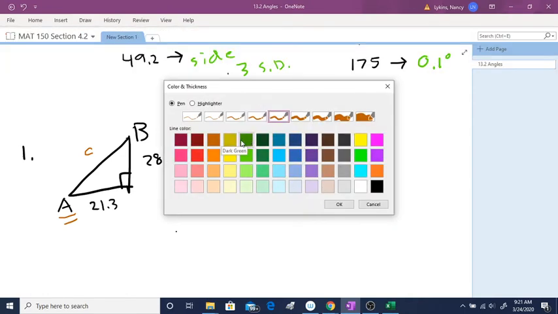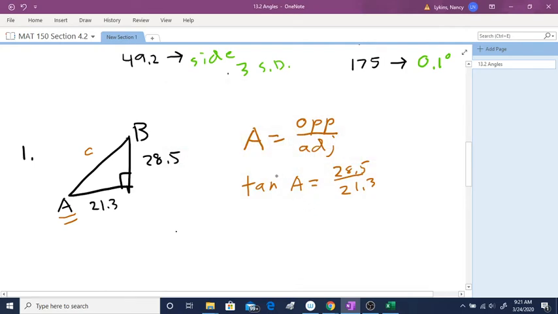So, because most of us have the scientific calculator, I want you to put in 28.5 over 21.3 in parentheses, and then hit second and tangent. Should come up with 5.32267, something like this.